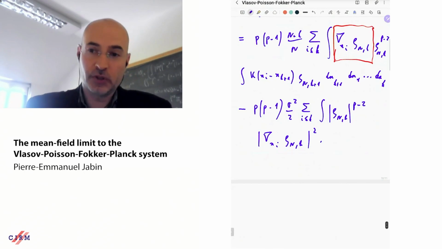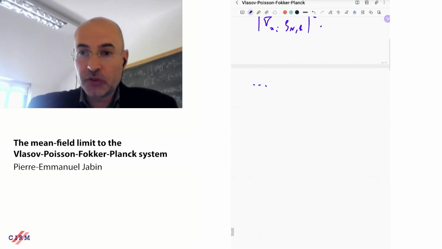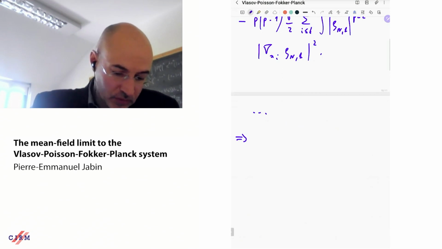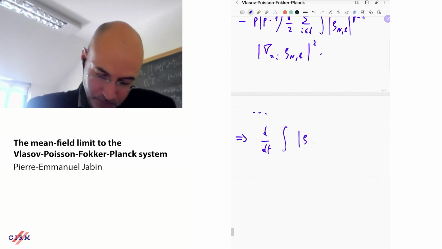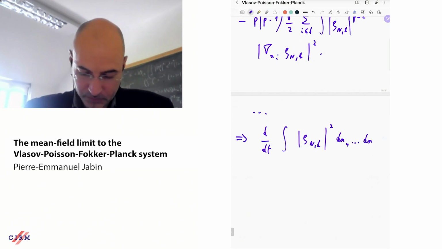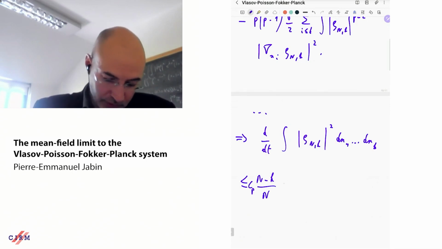And if I'm doing this with just a couple of Holder inequalities, so something that you could give to a master's student, you end up with the following type of estimate. Constant that depends on p that I don't want to track.